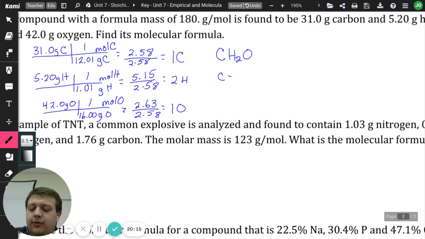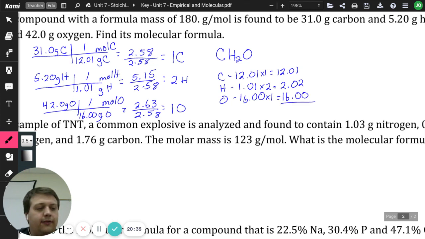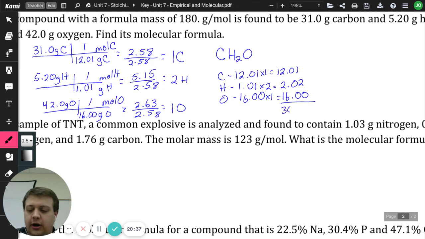So carbon has a mass of 12.01 times 1 gives me 12.01. Hydrogen has a mass of 1.01 times 2 gives me 2.02. And then oxygen has a mass of 16 times 1 gives us 16. We add all of those together, we're going to get 30.03 grams per mole.